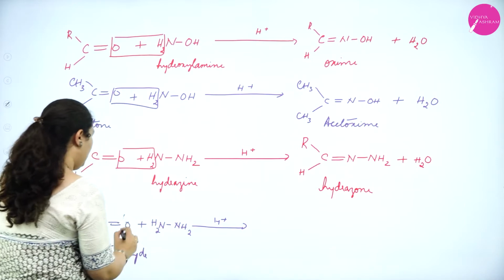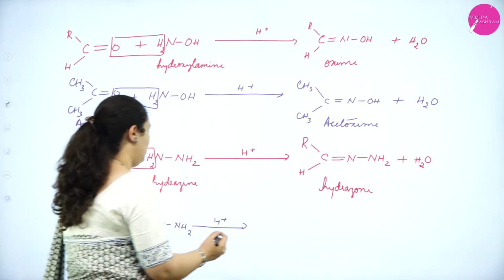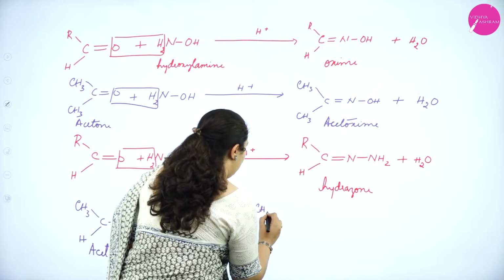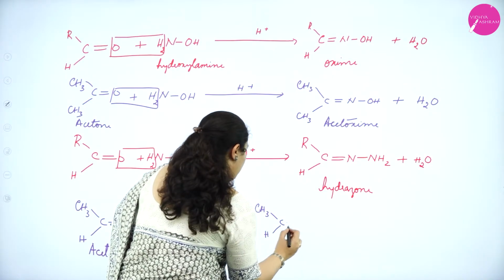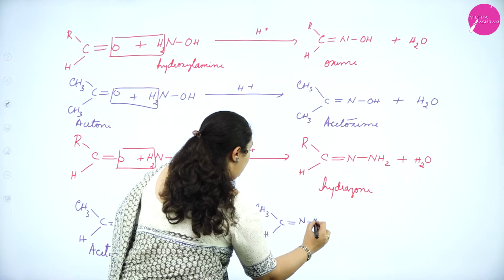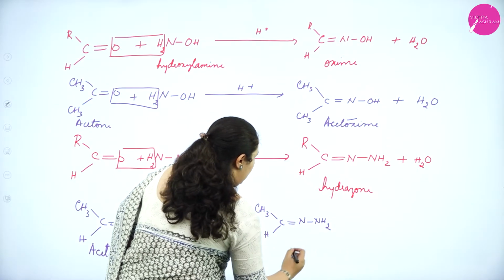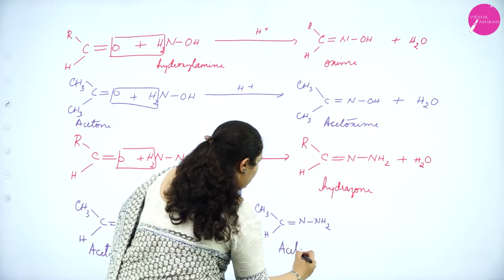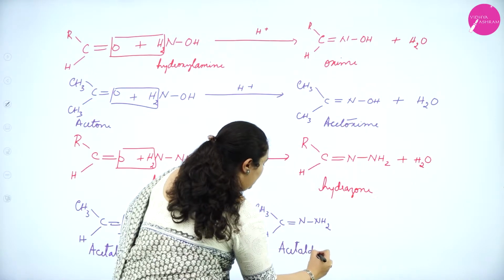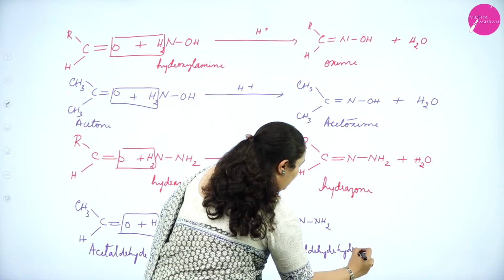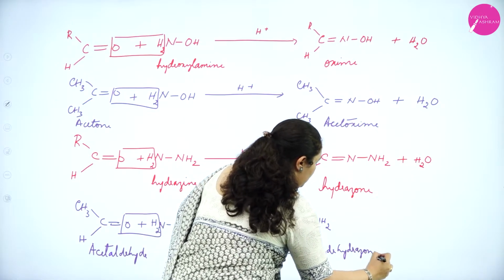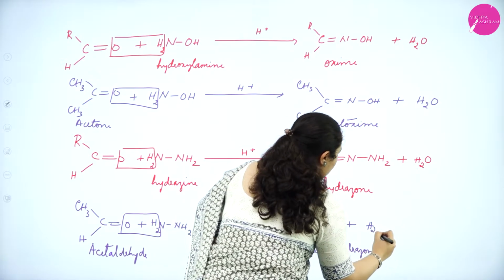What will form? Water will be removed and you will get CH3, C, H, double bond, N, NH2. That is acetaldehyde hydrazone. Okay, and water will be removed.